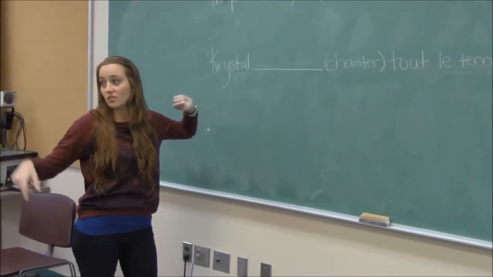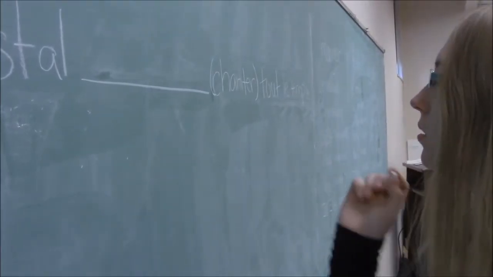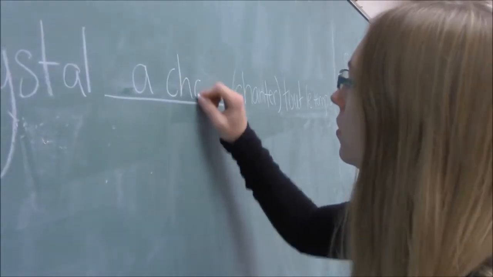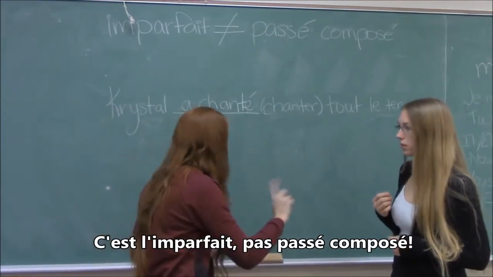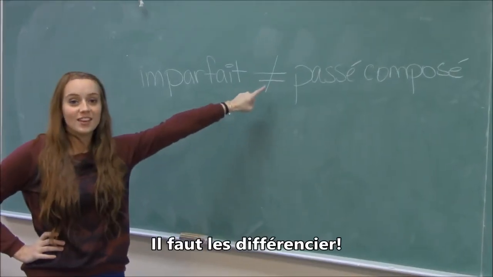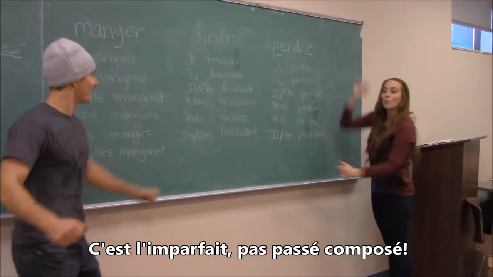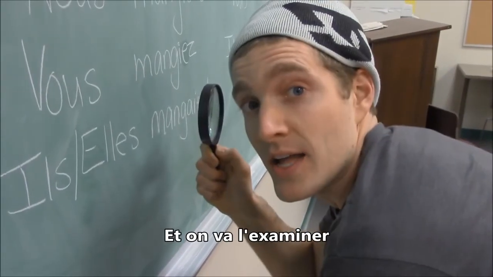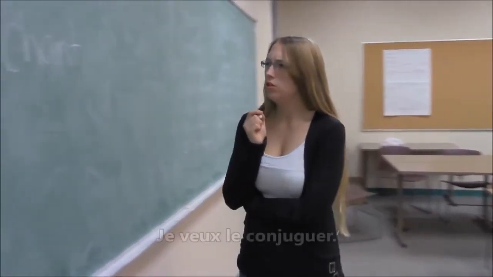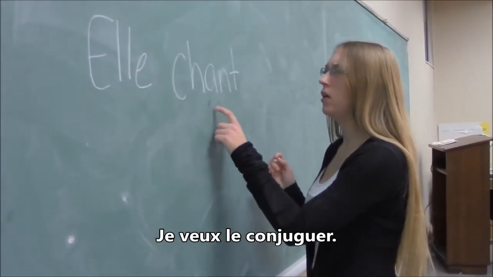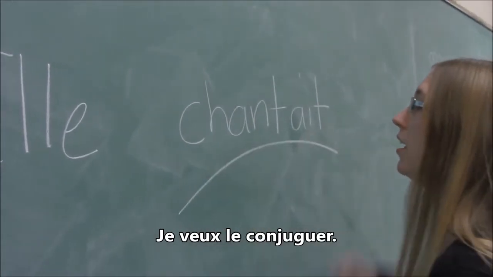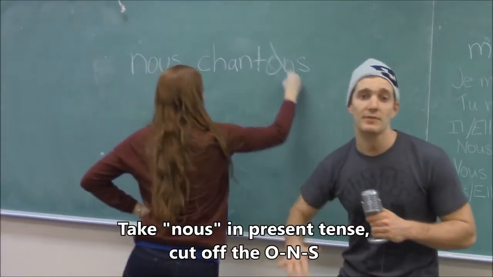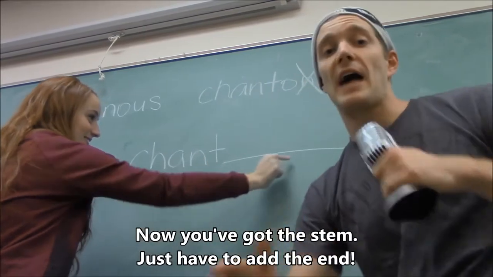Chante avec nous! C'est l'imparfait, un passé composé, il faut les différencier. C'est l'imparfait, un passé composé, et on va l'examiner. Je veux le conjuguer. Doing present tense, put up the O in this. Now you got the stem, just have to add the end.